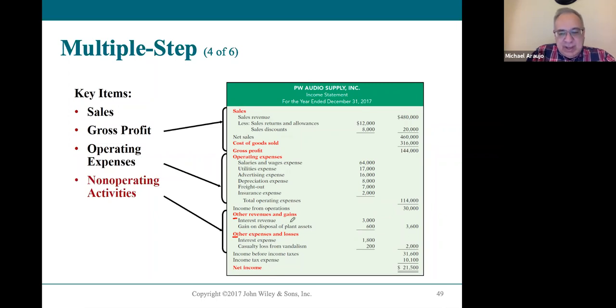So it looks as though they have some interest revenue and a gain on plant assets for a $3,600 gain that would be added. But it looks like they have a big interest expense and a loss to report that totaled about $2,000. So basically now their income before they do their tax has actually increased from $30,000 to $31,600.